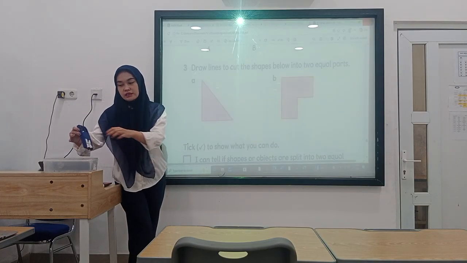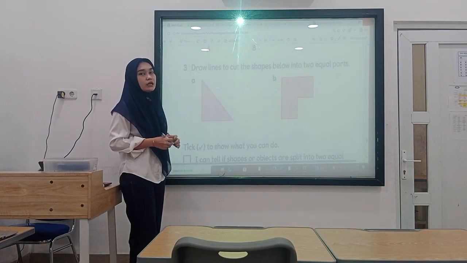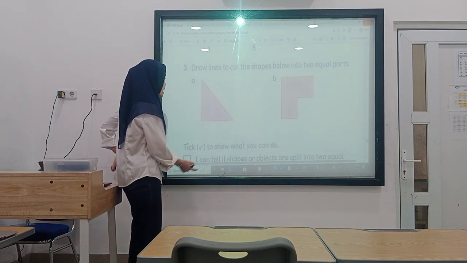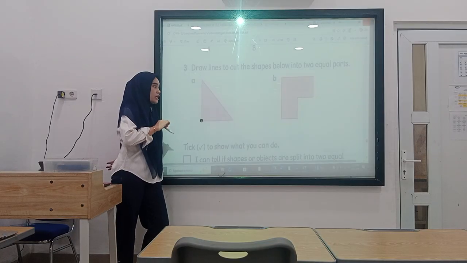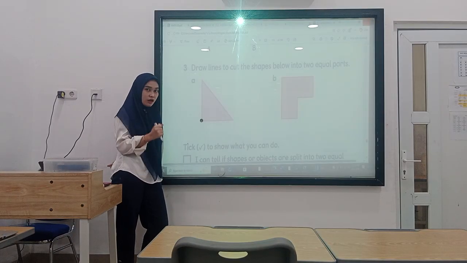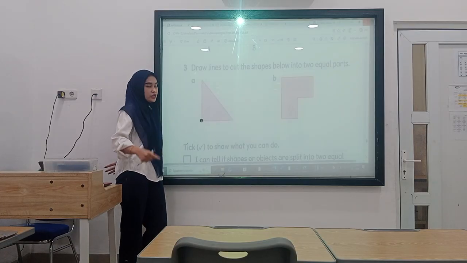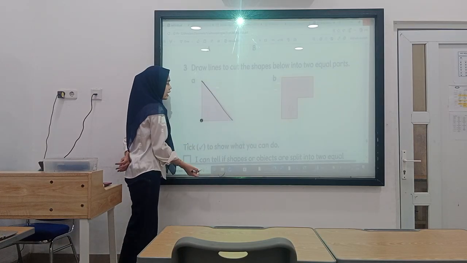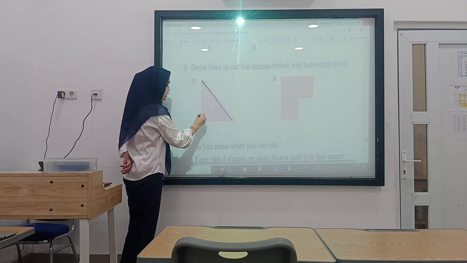The easiest part is for this one, you have to find the corner of the shape at first. The corner of this triangle is in here. And then you make the line and you find the middle of the shape from the shortest line of the shape, which means this is the shortest line. And then they have to make the line into the middle of the shape like this.